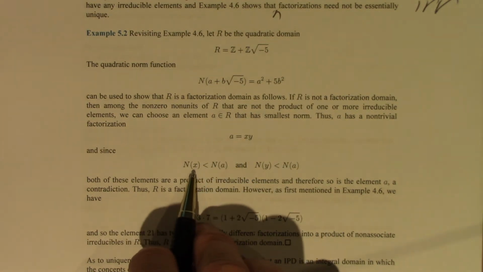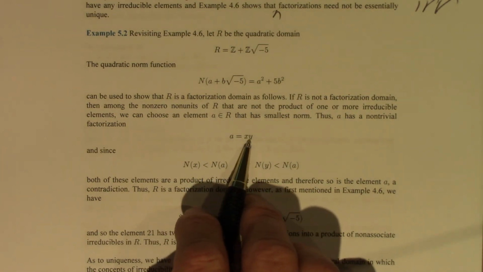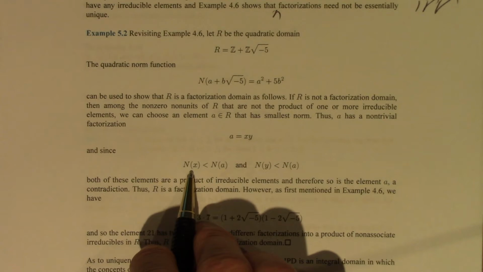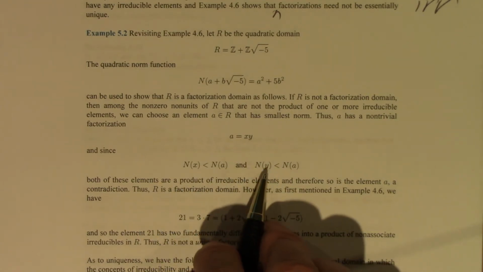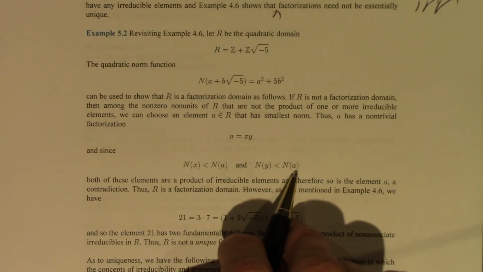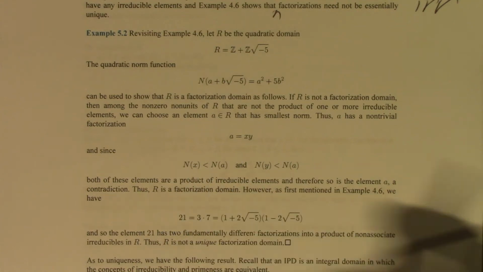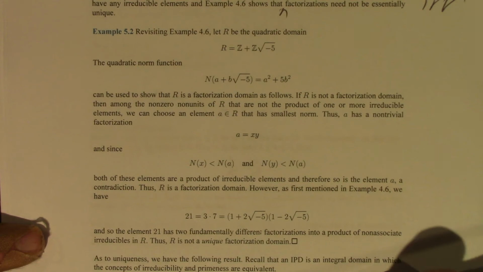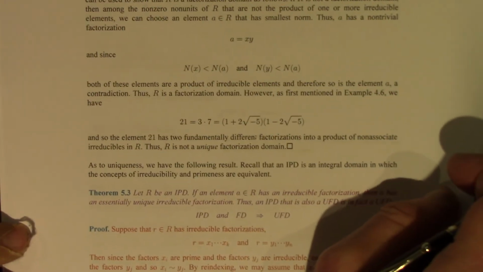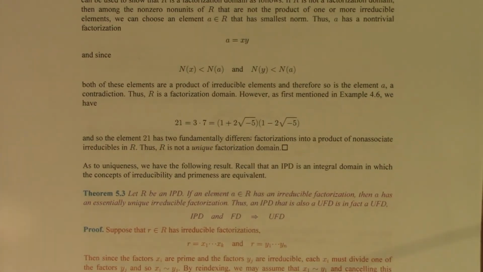Since this is a non-trivial factorization, the norm of x is less than the norm of a, and the norm of y is less than the norm of a. Therefore, both x and y are the product of irreducible elements, and therefore so is a. Contradiction. So R does not have any non-zero non-units that cannot be factored into a product of irreducibles. In other words, it's a factorization domain.